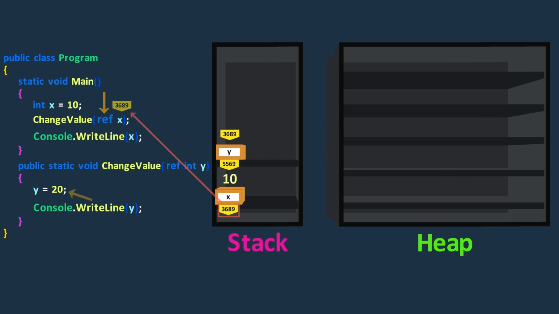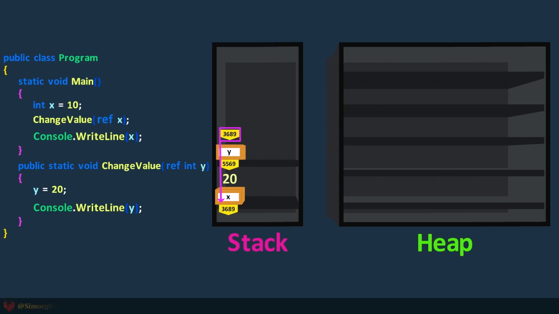So, in this case, when we change the value of y to 20, it actually changes the value of x to 20. This happens because y is pointing to the x variable. Also, for the same reason, when we print the value of y, it will display 20. This behavior is known as passing a parameter by reference technique.